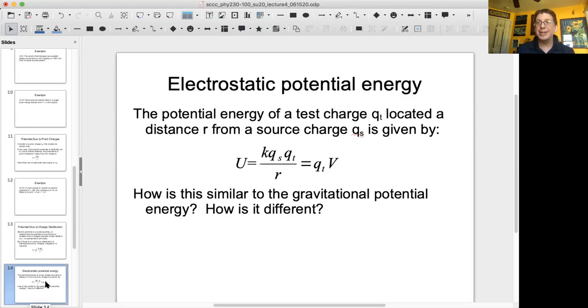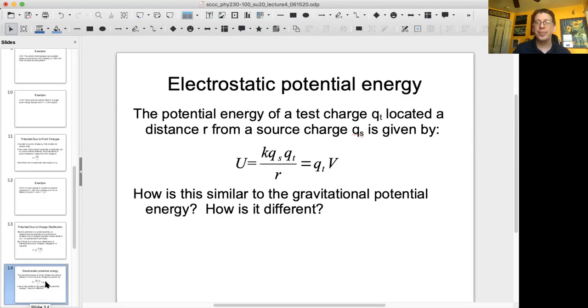One important difference is that with gravity, the potential energy is always negative, meaning that as one object approaches another object, the gravitational potential energy will always decrease. And it will always decrease because the force between them is always attractive. In electricity, that is not the case.